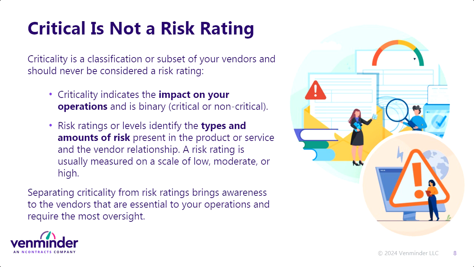So you might be looking at cybersecurity risk, financial risk, reputational risk, and so on. These risks are important, of course, but they don't necessarily always have a significant impact on your operations. And this is measured on a scale, which is usually low, moderate, or high. Separating these two concepts will help you understand which vendors are actually essential to your operations and require the most oversight.